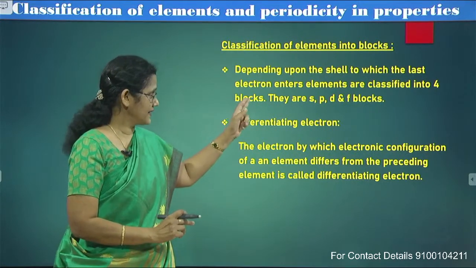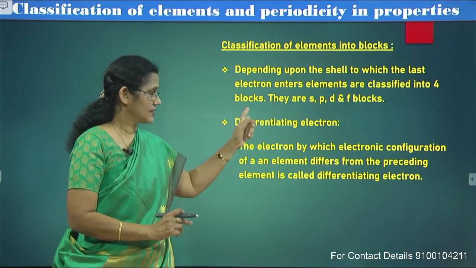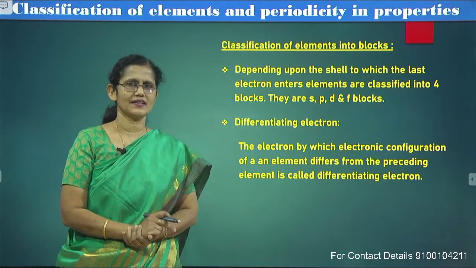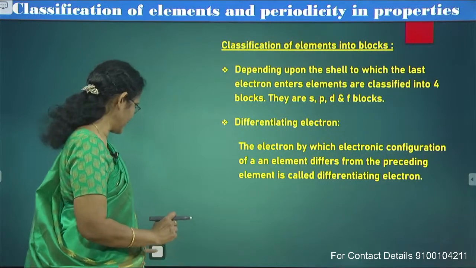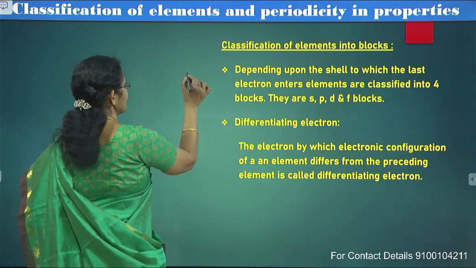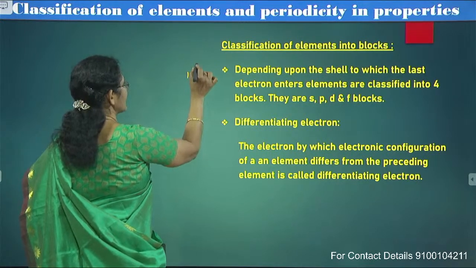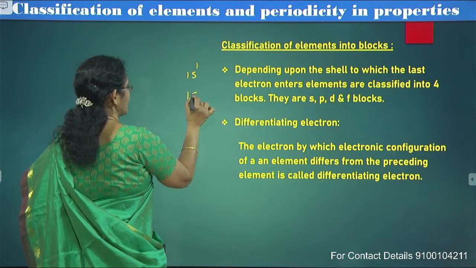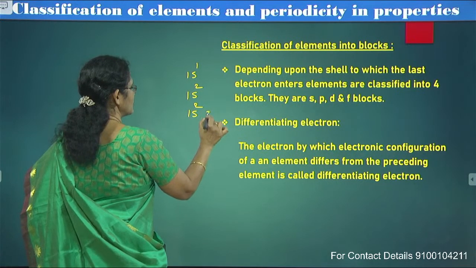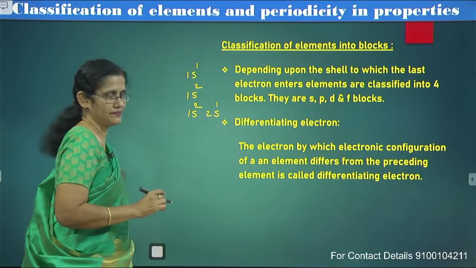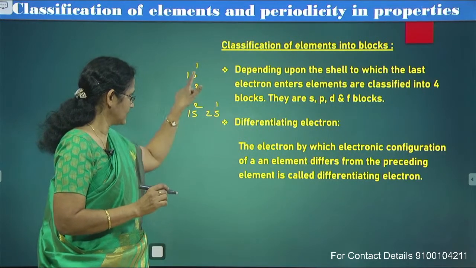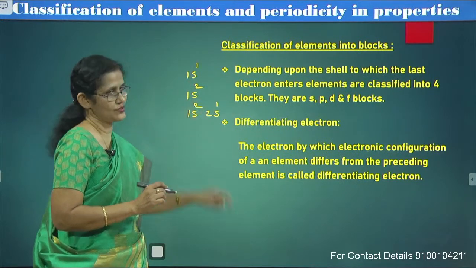This depends upon the shell to which the last electron enters. What is actually this last electron? See this point. For example, 1s1 hydrogen, 1s2 helium, 1s2 2s1 lithium. What is the difference between these? One electron.